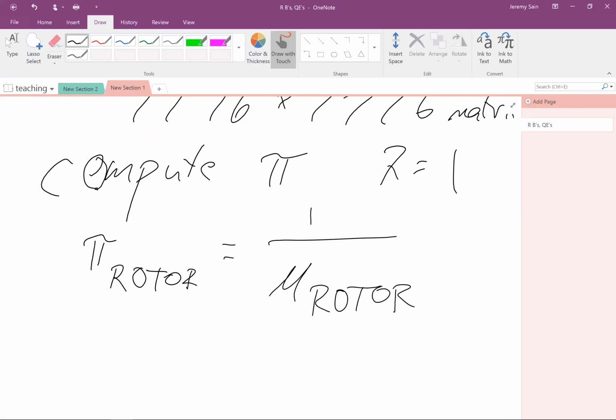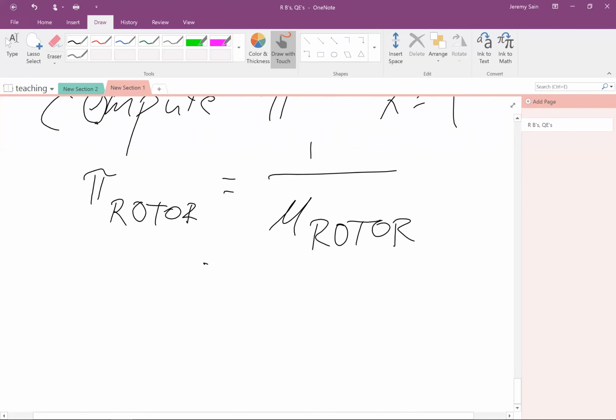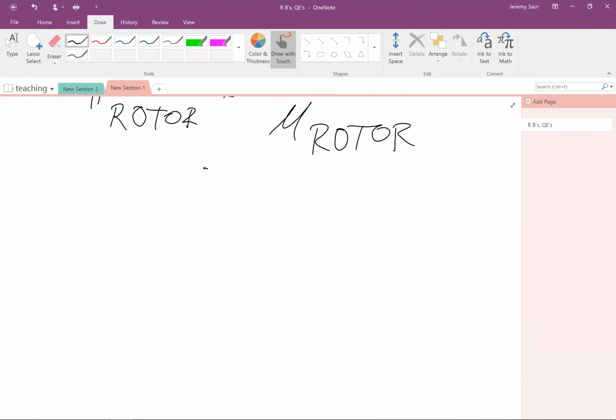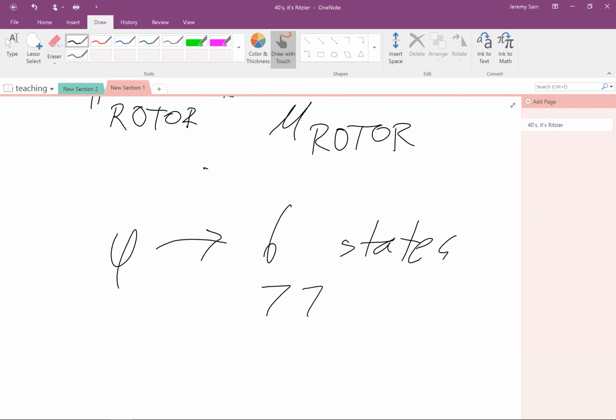This shouldn't actually be very hard to do because this is a freakishly huge matrix, but it's very sparse, right? Because in our scenario, each state only leads to 6 states, which means in our matrix, in any given row or any given column, is it row or column?